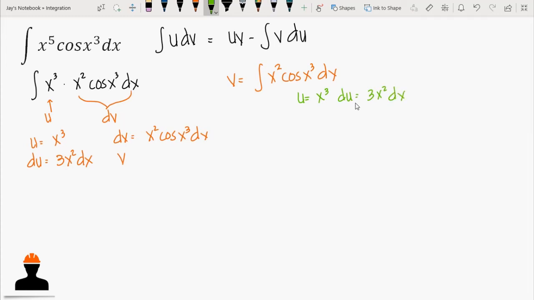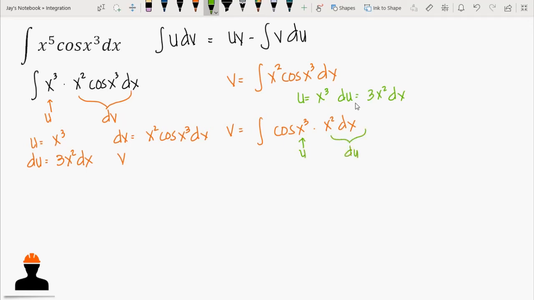Therefore, v is equal to the integration of cosine x cubed times x squared dx, wherein this is our u and this is our du.